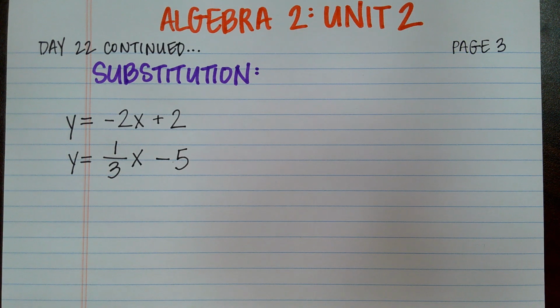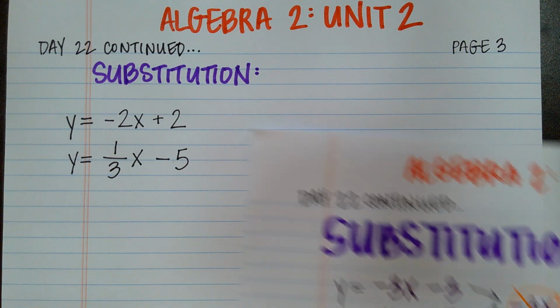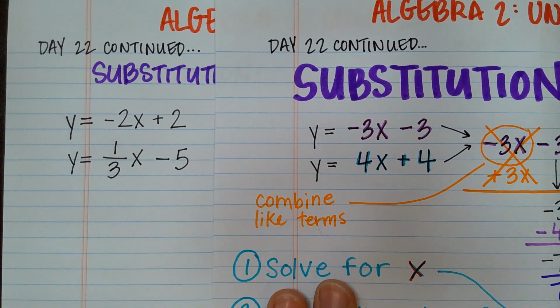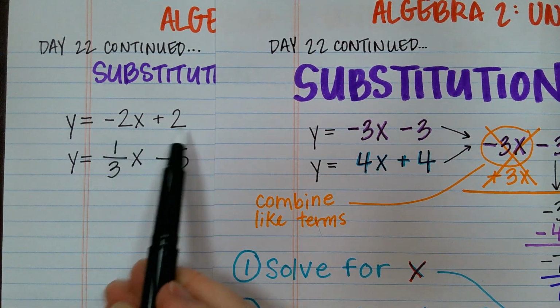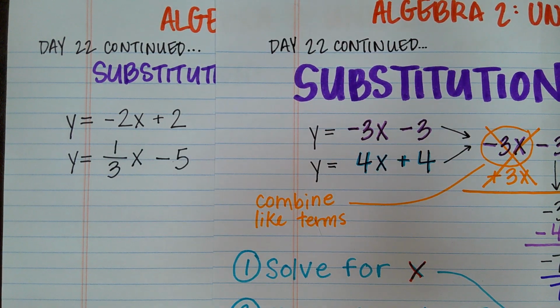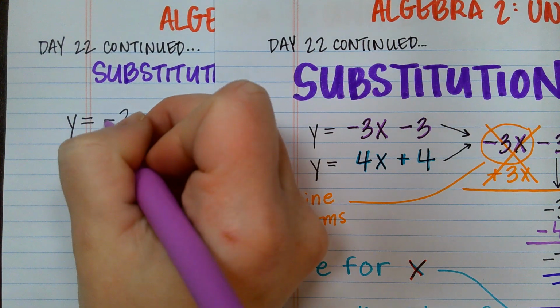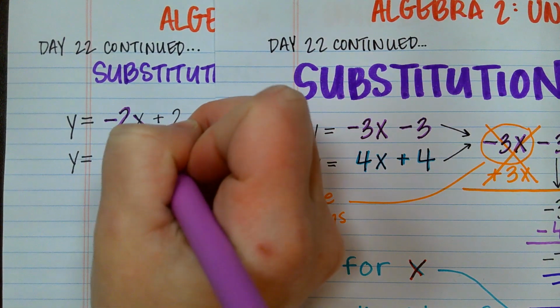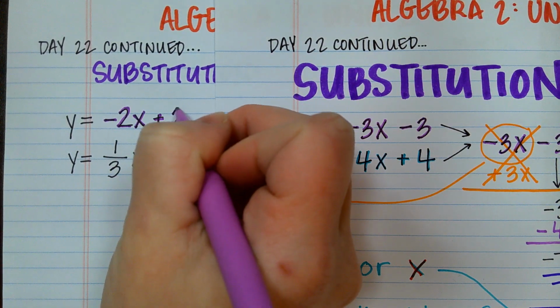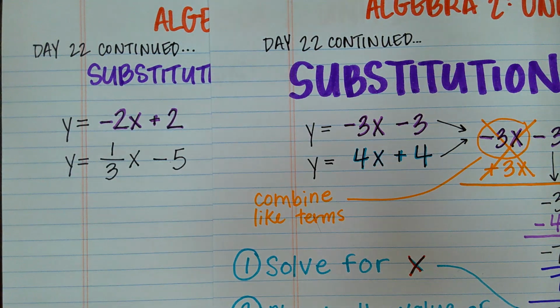So whenever we are using substitution, remember we're looking at these two different values. We have -2x plus 2 set equal to y.